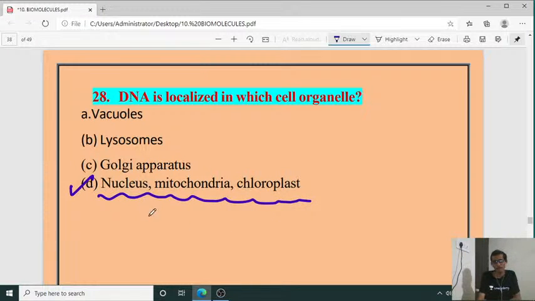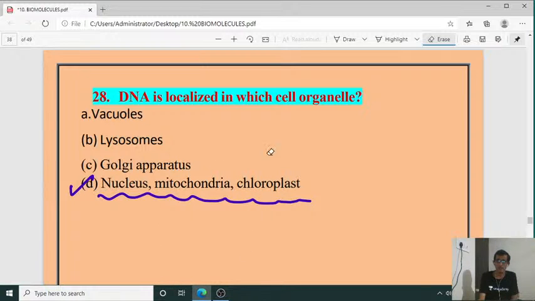The nucleus is the central part of the cell, the controlling or commanding center of the cell, with the DNA having the heritable character. Then mitochondria and chloroplast both have their own DNA, which refers to mitochondrial DNA and chloroplast DNA.